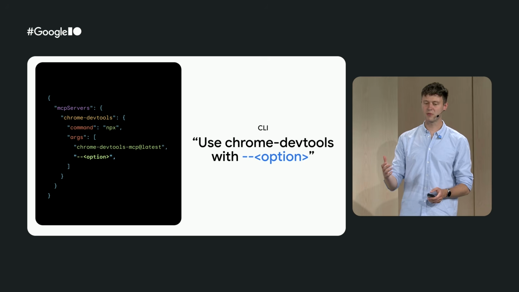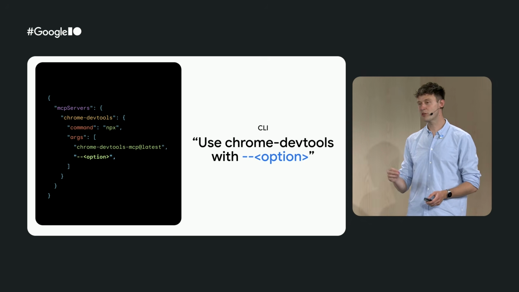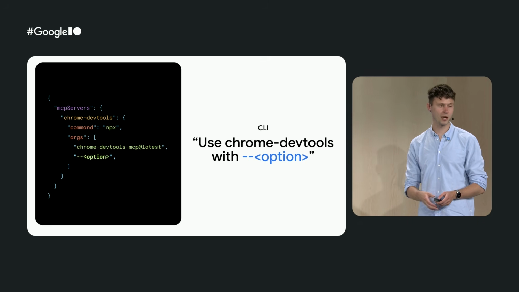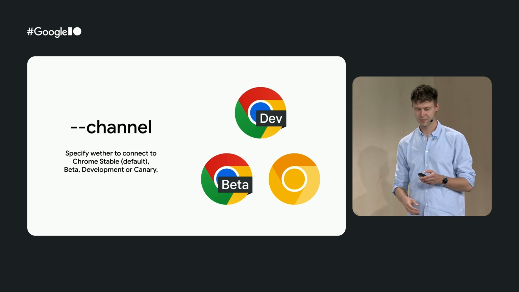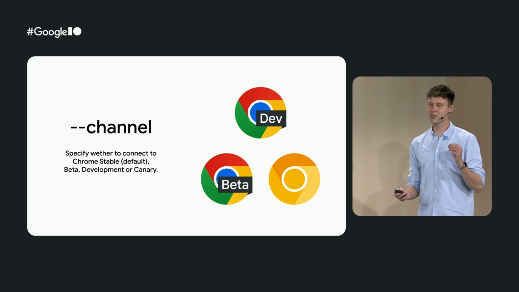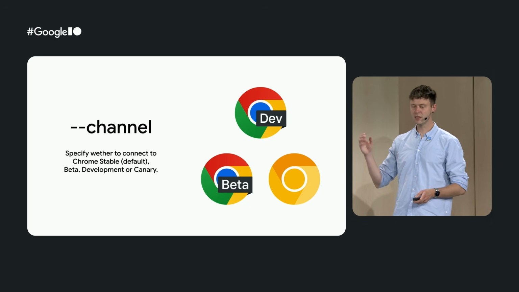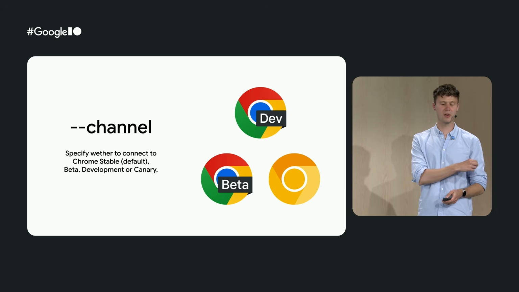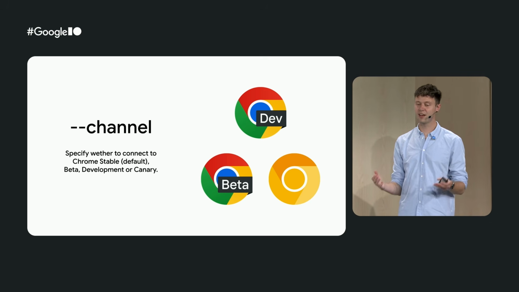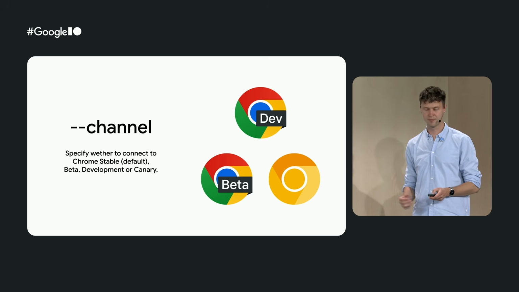If you're using DevTools for Agents through the CLI, make sure to explicitly include your desired option in the prompt. For example, through the channel configuration option, you can specify whether Chrome DevTools for Agents should connect to any other Chrome channel than stable.